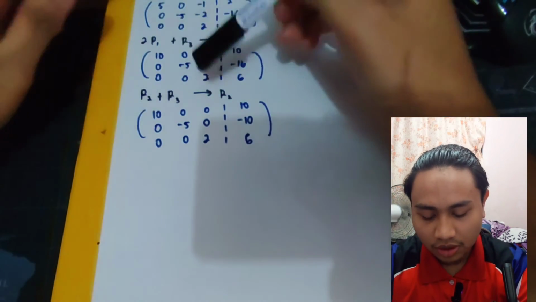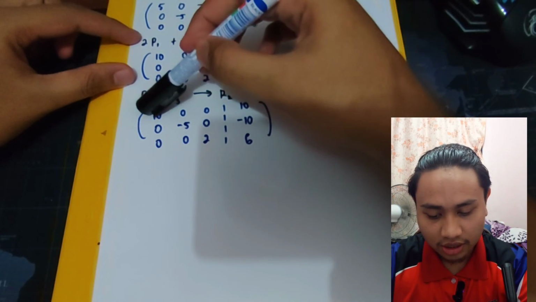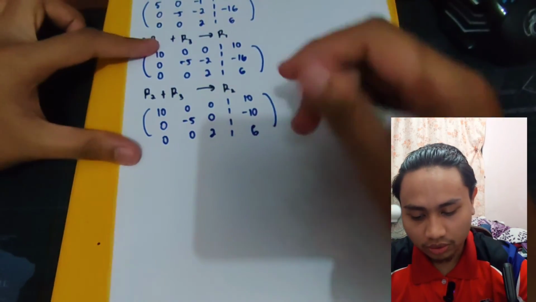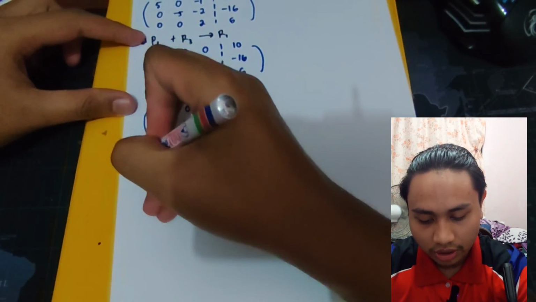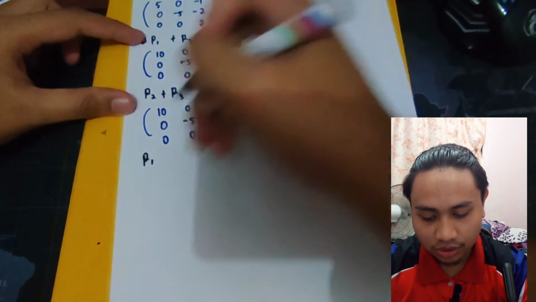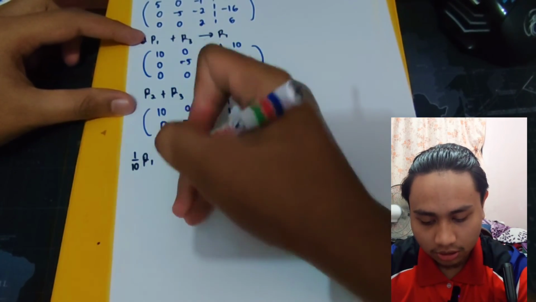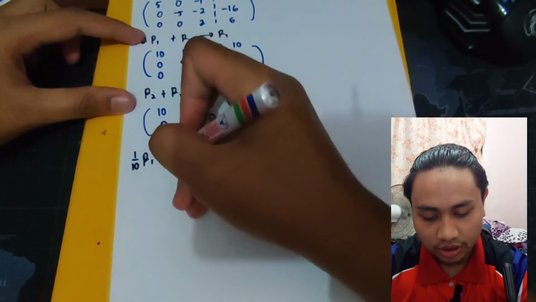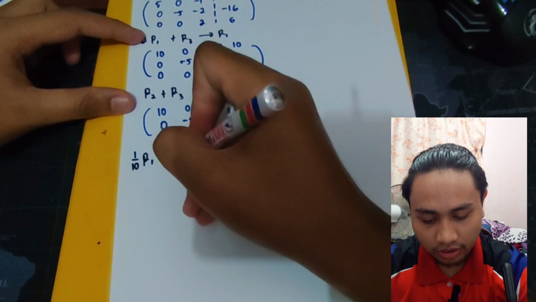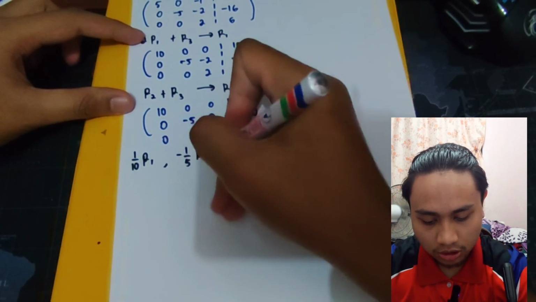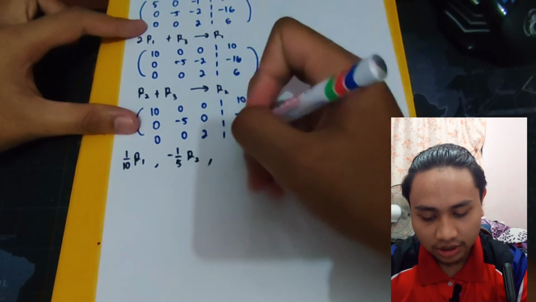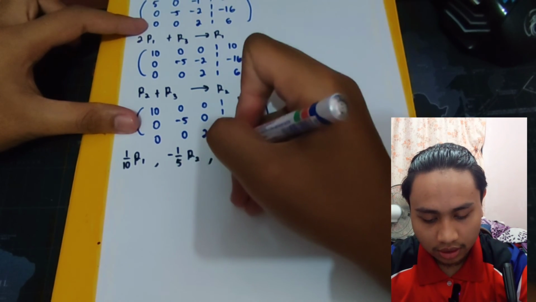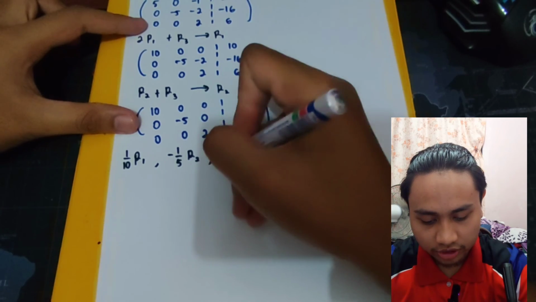Then we need to make this one become 1. So what we need to do is row 1 we times with 1/10, row 2 we times with -1/5, and row 3 we times with 1/2.